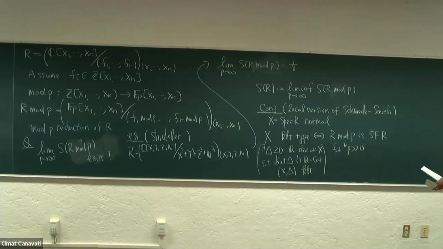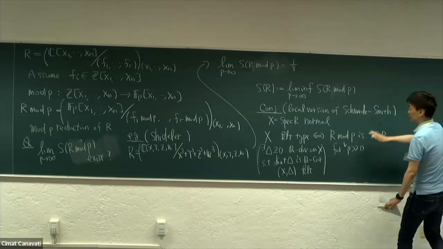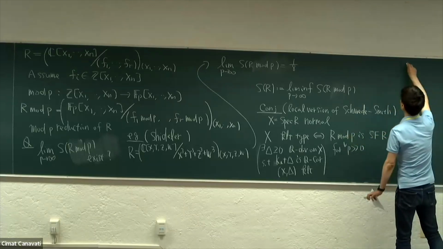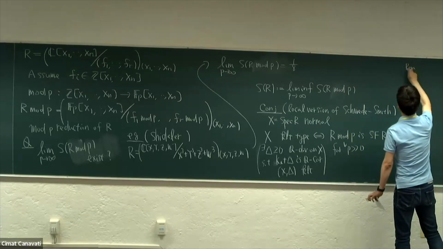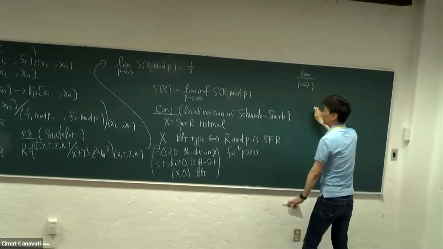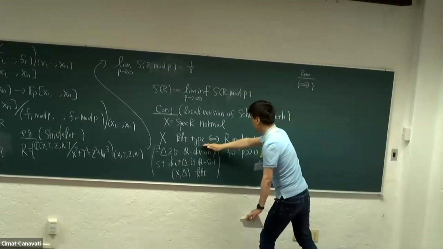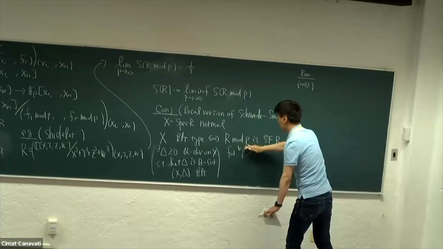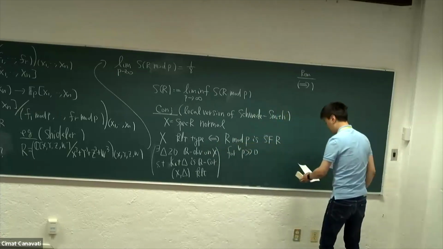Let me explain what is known about this conjecture. The implication that KLT type implies modulo p reduction is strongly F-regular is okay.